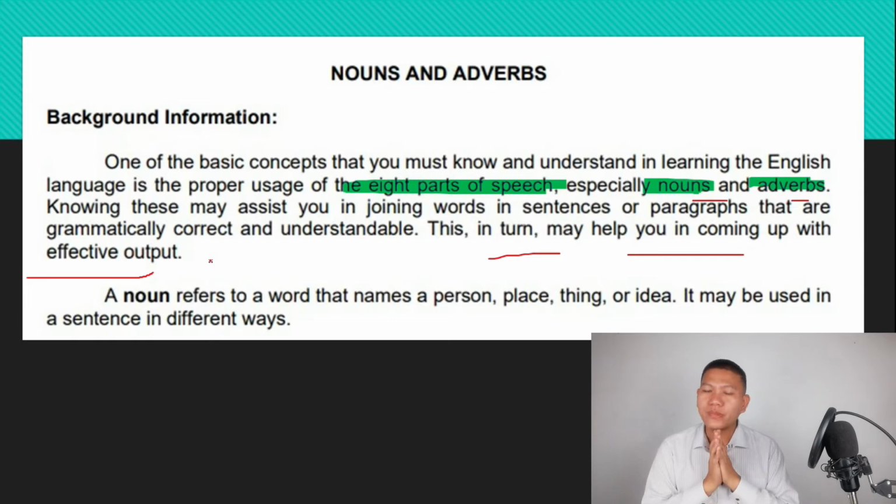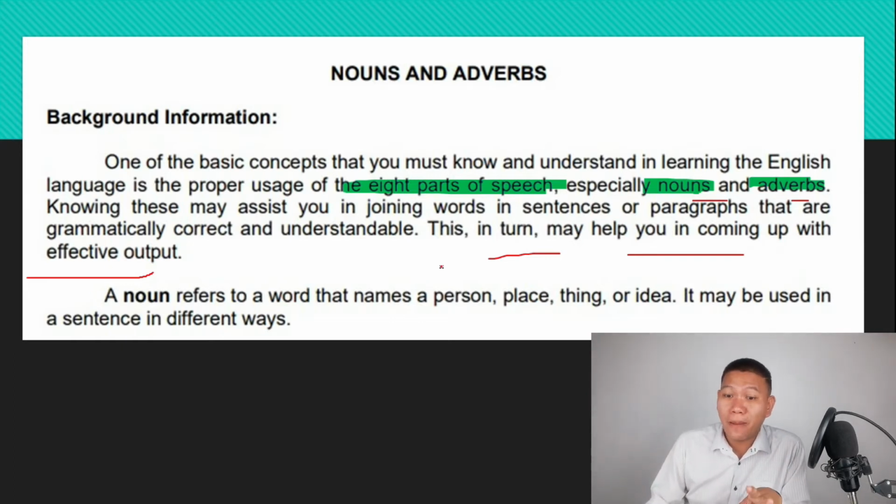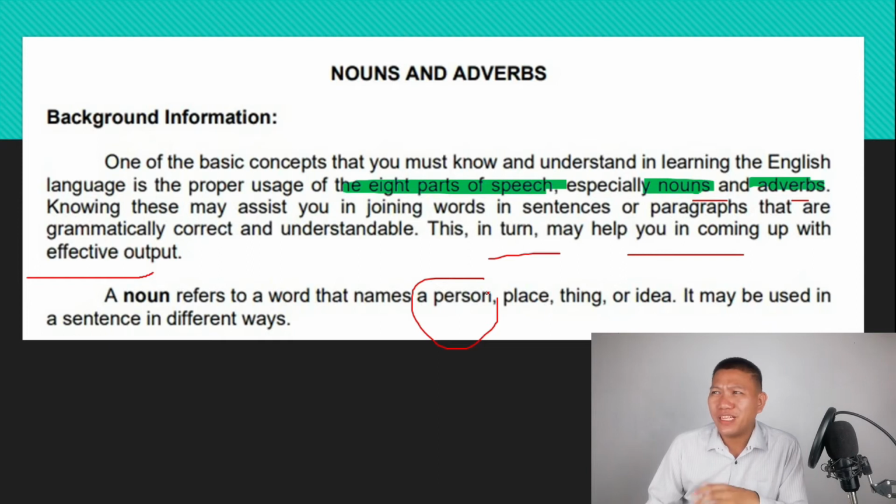Okay? Again, a noun is a word that names a person. It could be a person: aunt, uncle, Pedro, Bebang, and so on. It could be places: Balagpi, San Sebastian, Manila, Makati. Things: pencil, notebook.